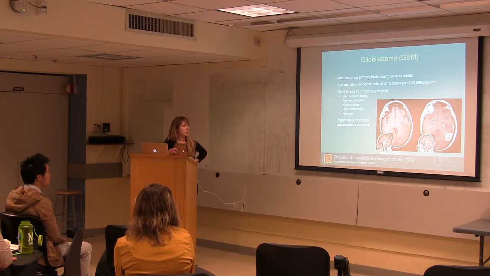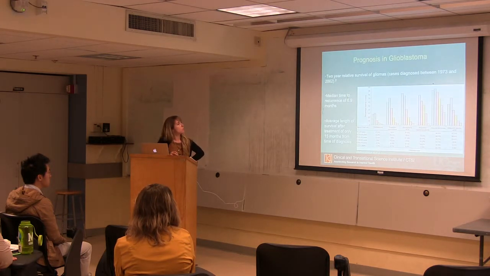And despite all this extra vascularity, there is a high level of necrosis, usually centrally located in these tumors. Radiologically, they appear as ring-enhancing lesions in the parenchymal region of the brain. There's usually surrounding edema, and with contrast, they will heterogeneously enhance. And the prognosis is very poor, and recurrence is quite common.